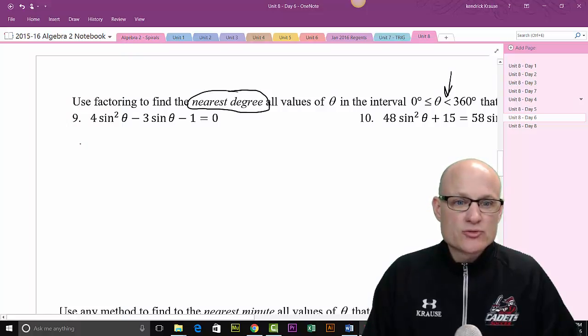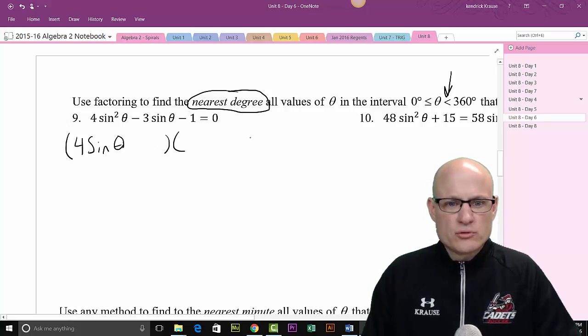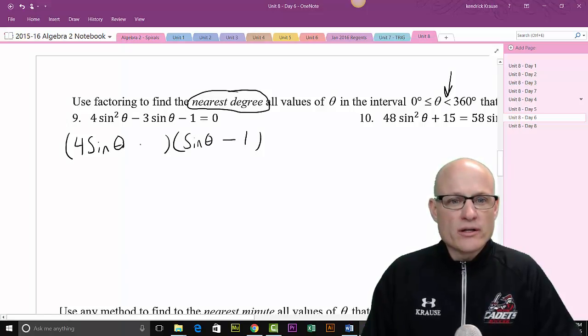Didn't I already do one like this? No, I didn't. So, probably 4 sine theta minus 1 plus 3.